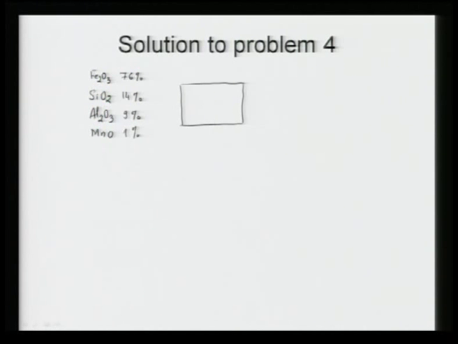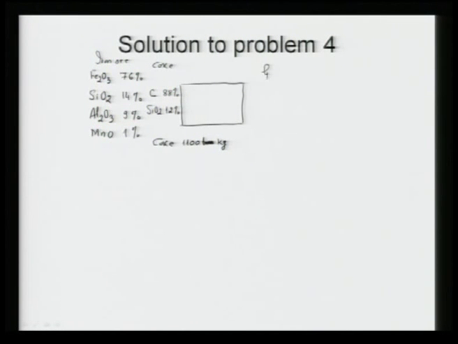This is the iron ore. Then here it is coke, and coke is carbon 88% on weight basis, and SiO2 12%. Coke is used 1100 kg per ton of pig iron.